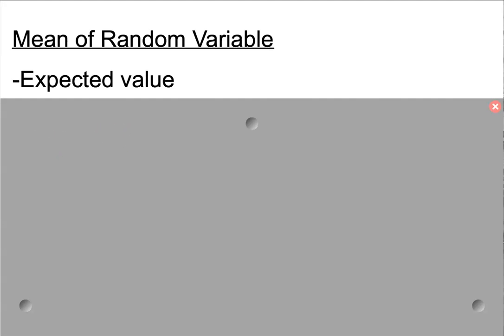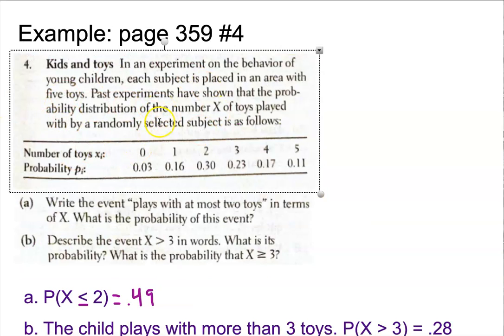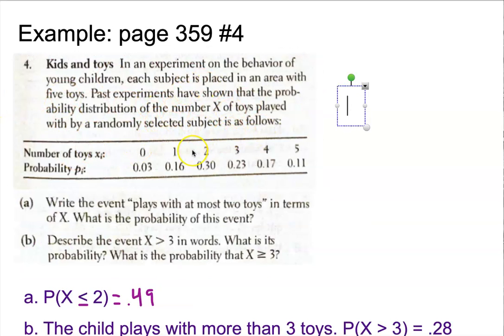So we're going to reference again this example with the kids that played with a certain number of toys when they were presented with 5. You could think about that as, if I put a kid in this room, how many toys would I expect them to play with?